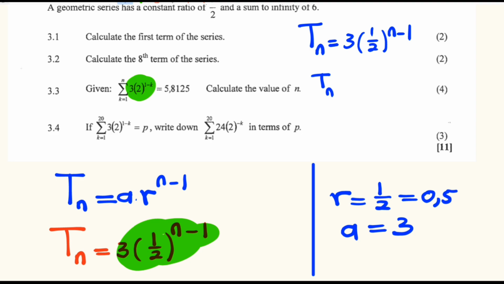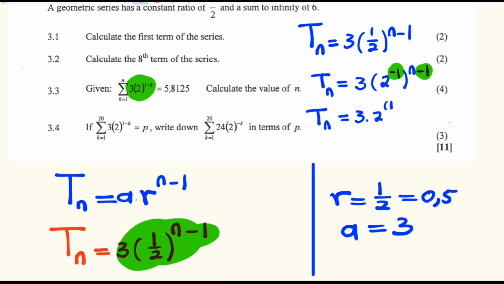So we have Tn equal to 3 multiplied by 1 divided by 2, and we take the 2 from the denominator to the numerator, and the exponent will change sign to -1, and this is still raised to the power n minus 1. Our Tn will be equal to 3 multiplied by 2, and that negative 1 multiplied by that n will be negative n, and that negative 1 multiplied by negative 1 will be positive 1.